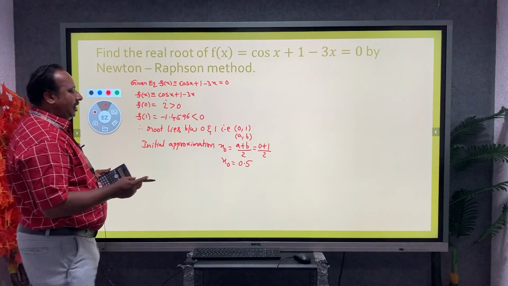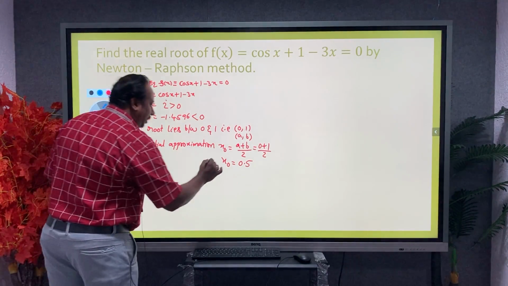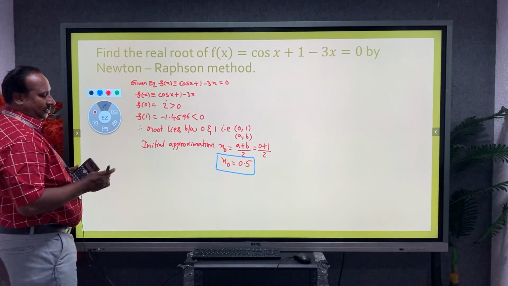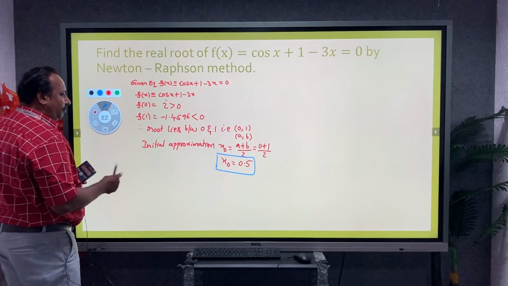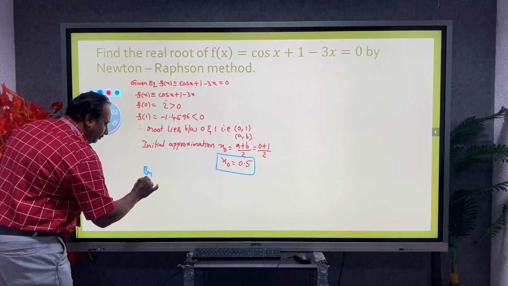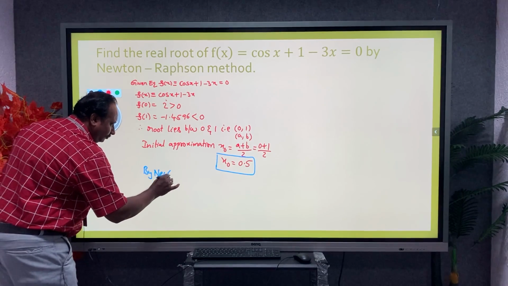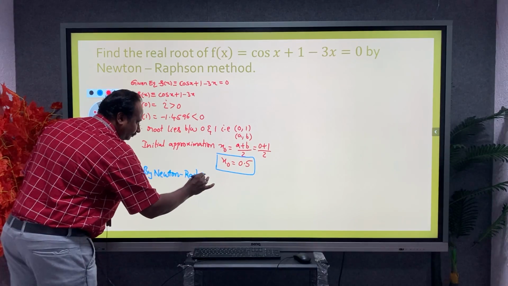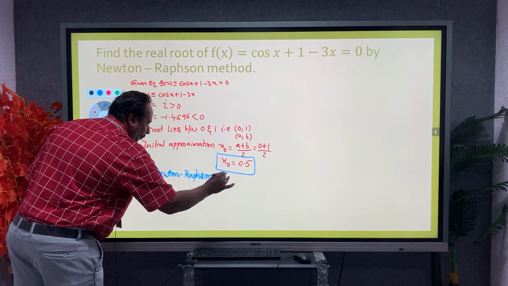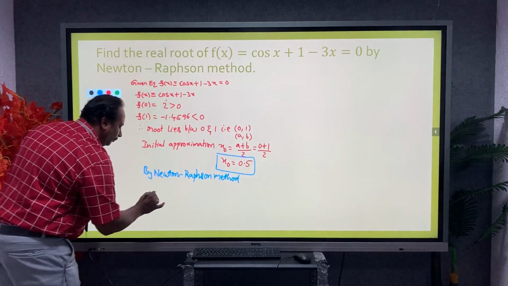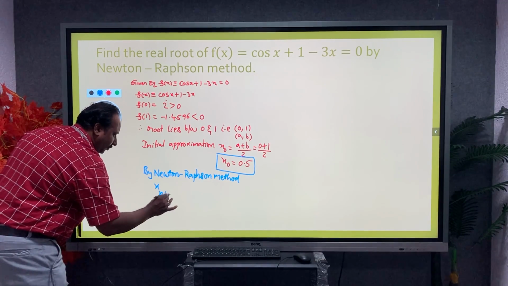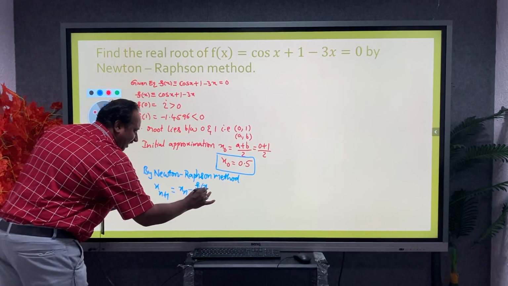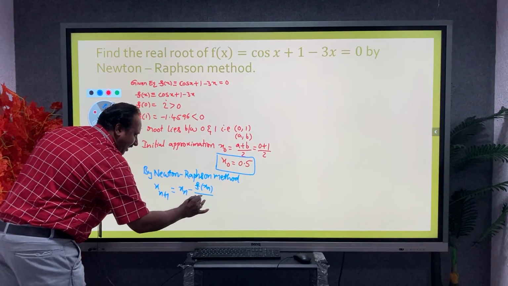After getting x naught, we have to apply the Newton-Raphson formula. So by the Newton-Raphson method, we have xn plus 1 equal to xn minus f of xn by f dash of xn.